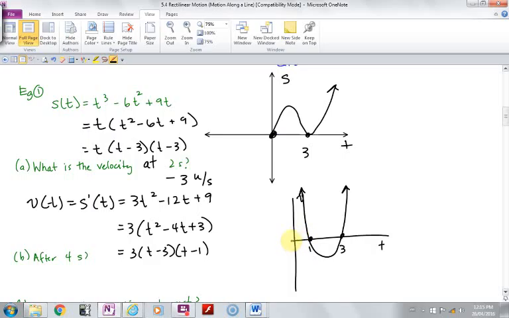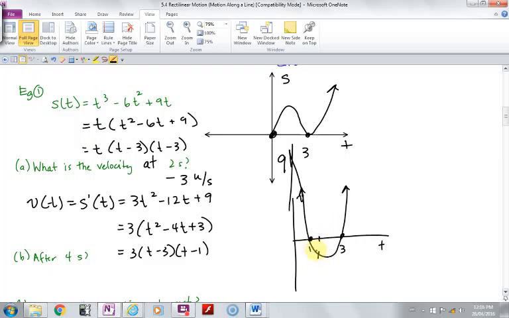What's the velocity at time equals 0? If time equals 0, velocity is 9. So it's starting off with a velocity of 9 meters per second. So if I were to extend this, I should be crossing the axis up here somewhere at 9. Not very well drawn, but 2 seconds is right about here, let's say.